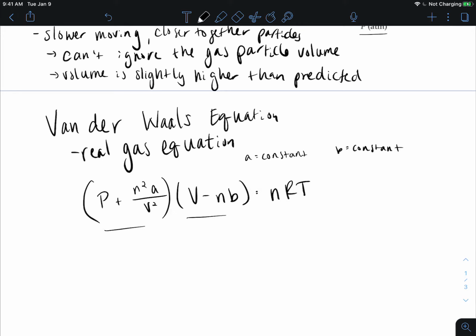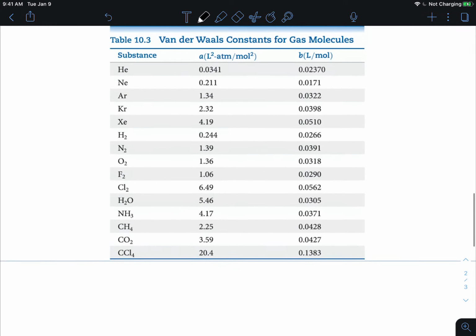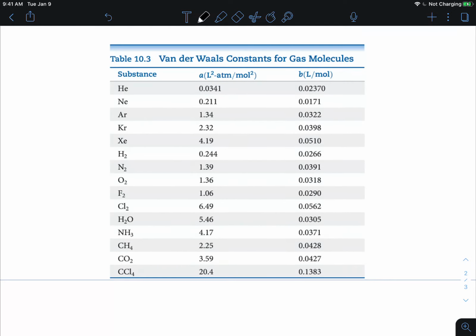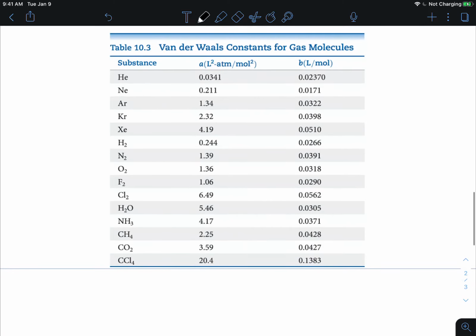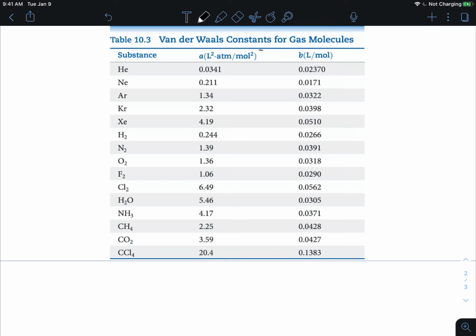Now, our a constant and our b constant, like I said, are going to be based on the gas itself. Here is a table of van der Waals constants for gas molecules. So let's look at our a term and b term. Our a term, as we can see from this chart, is going to have a very interesting unit. And that's because when we put it into this, we want to be left with atmospheres, right?